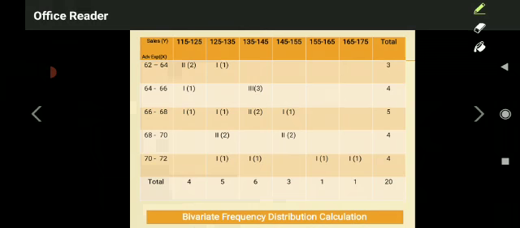Now look at the data over here. In the data, look at the first company. The first company's sales is 170 lakh, and its advertisement expenditure is 70 lakh.